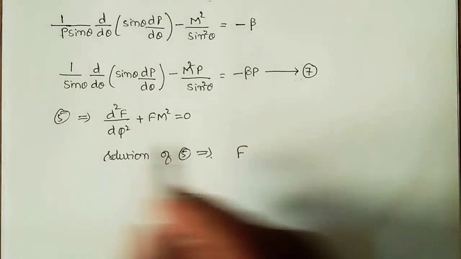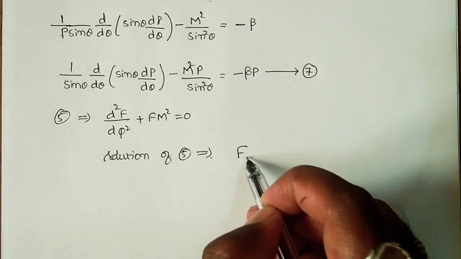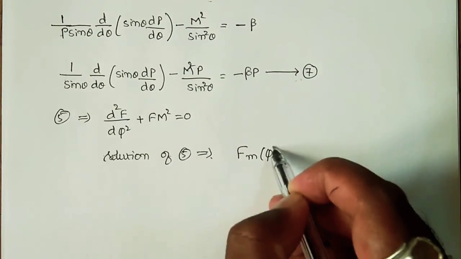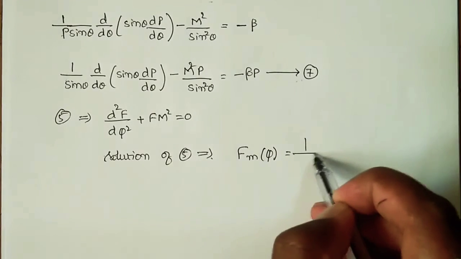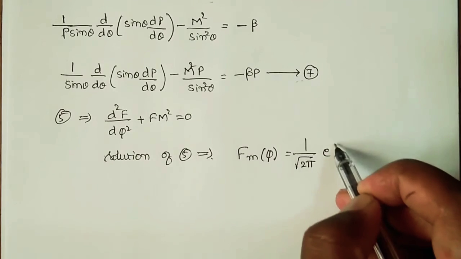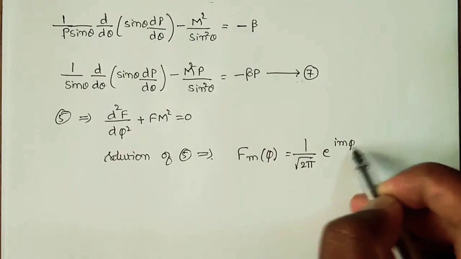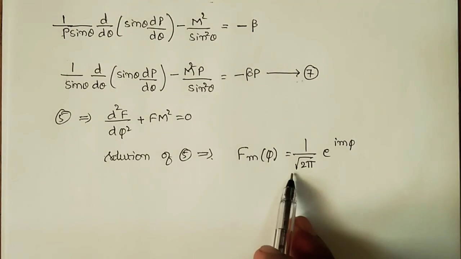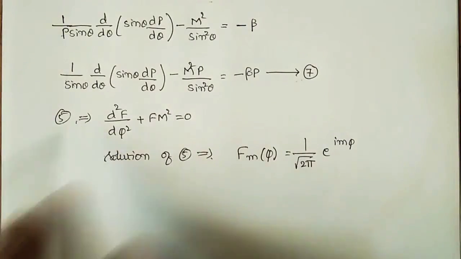The solution of equation 5 will be F m of phi, that's equals to 1 by square root of 2 pi into e to the power of i m phi. This is the final solution of equation 5.